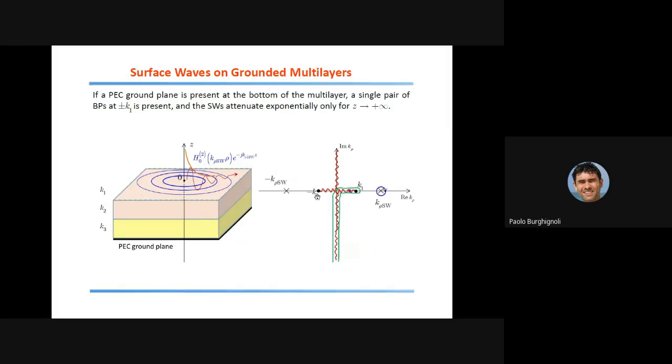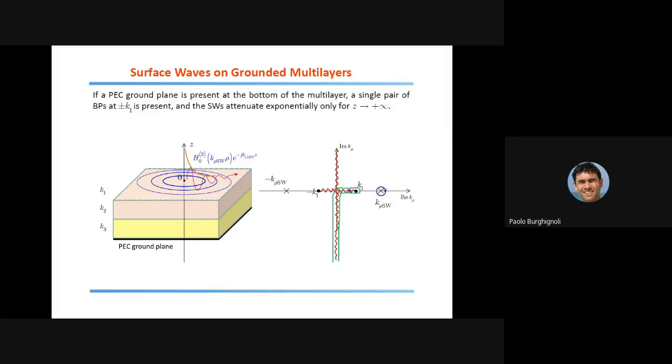So for this reason, you need to introduce the two branch points, k1, and the associated branch cuts that are chosen as the Sommerfeld branch cuts as in this figure, okay? So whenever you see branch points and branch cuts, you know that you are talking about an open structure, because a closed structure would not have those. And for a closed structure, everything is simpler.